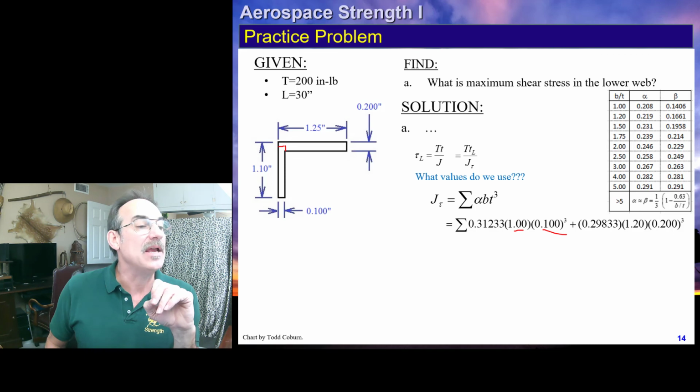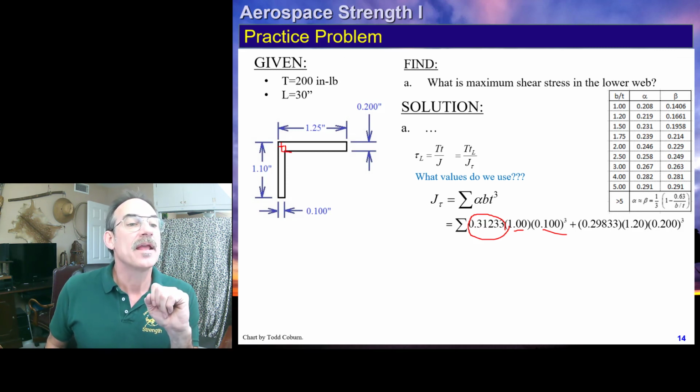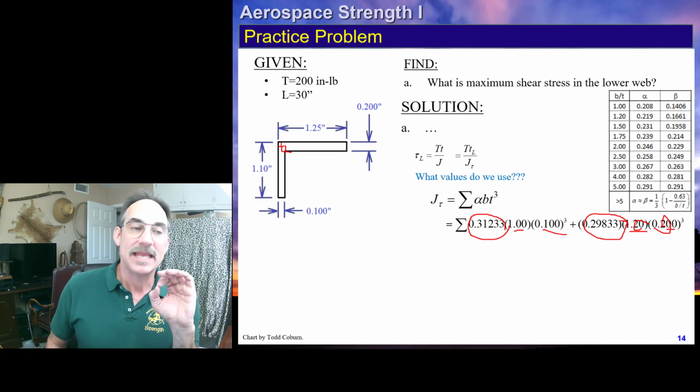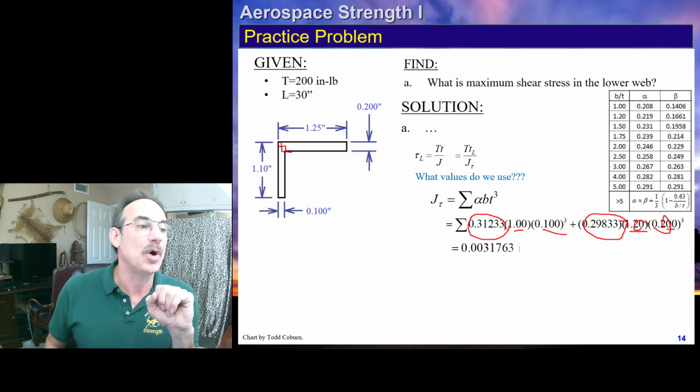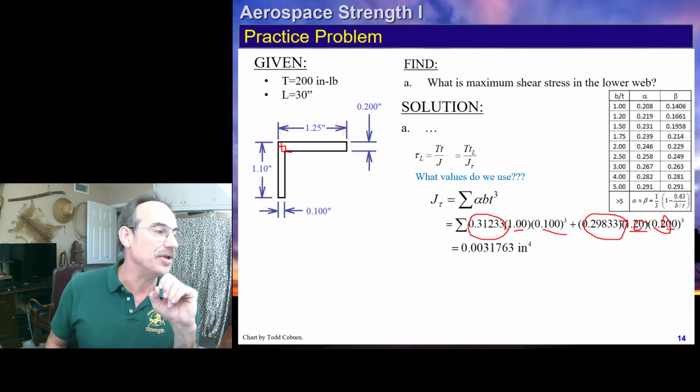And if we take the B over T ratio, we'll find this is our alpha. And our other flange is 1.2 times 0.2 cubed. And we're going to take the B over T ratio, and we'll find that our alpha is 0.29. So the total J is this value.